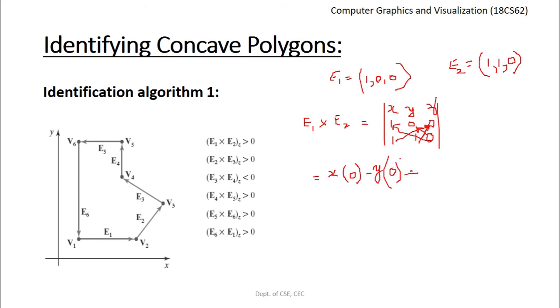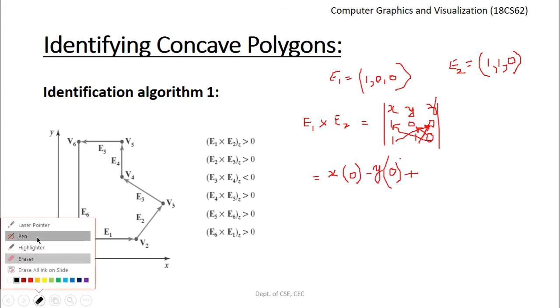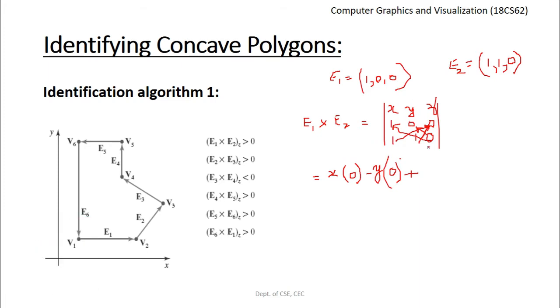Plus the formula for the determinant, z. Let me write the z in a better way. So z into the remaining components. What are the remaining components we have here? Z into 1 minus 1 into 0.